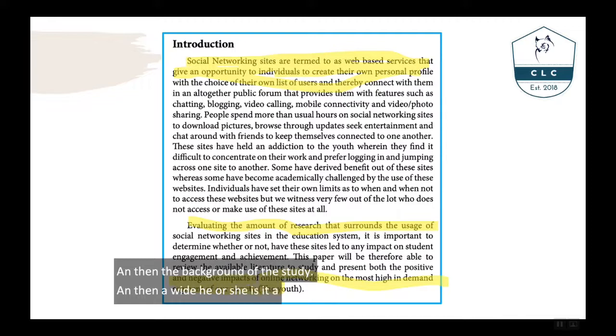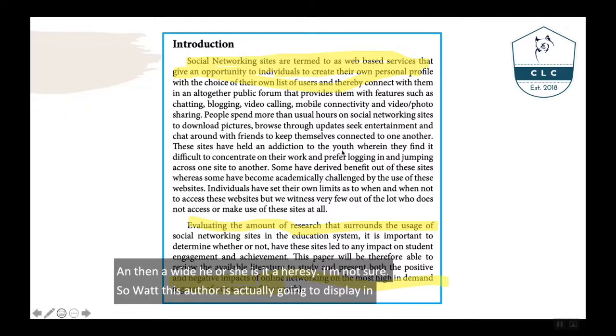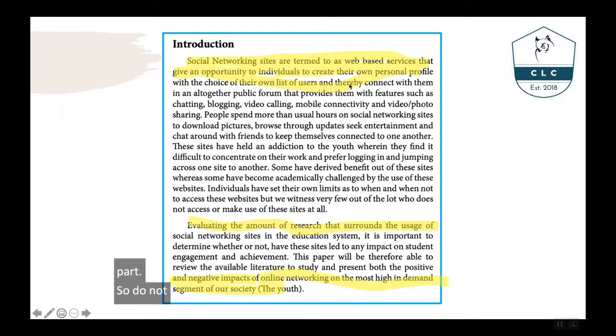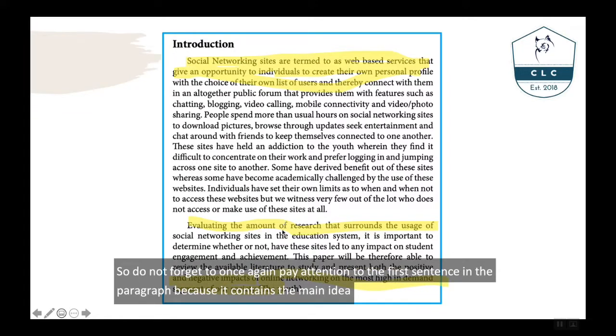I'm not sure. So, what this author is actually going to display in the literature review part. So do not forget to once again pay attention to the first sentence in the paragraph because it contains the main idea, and also the last sentence in the paragraph.